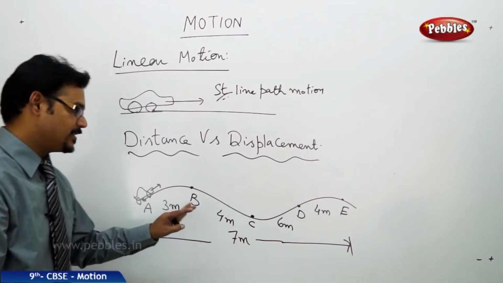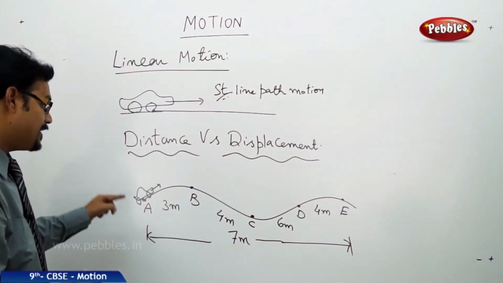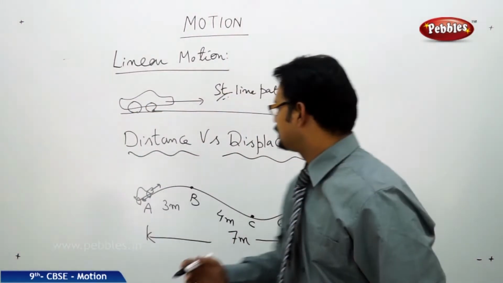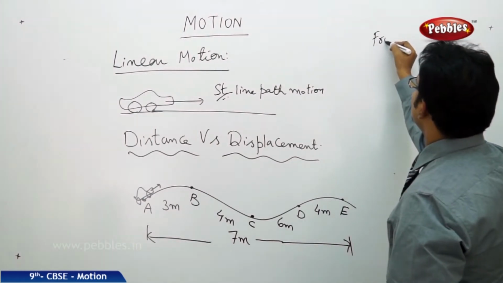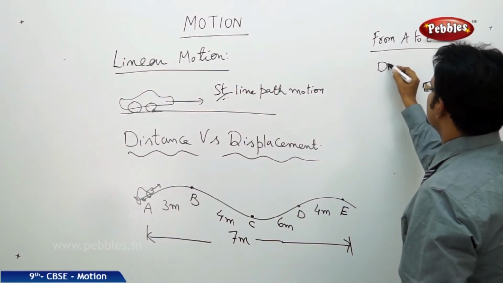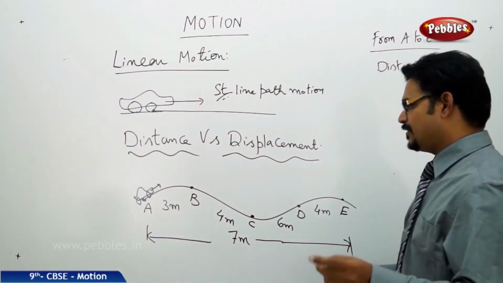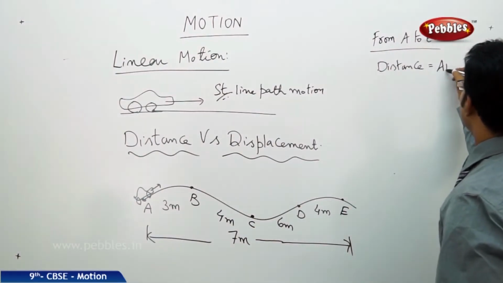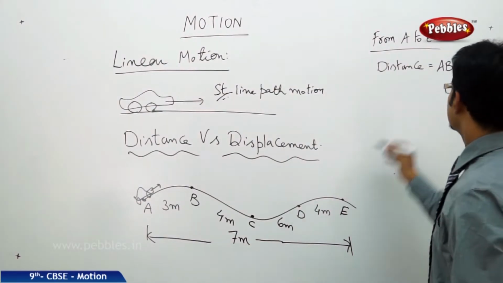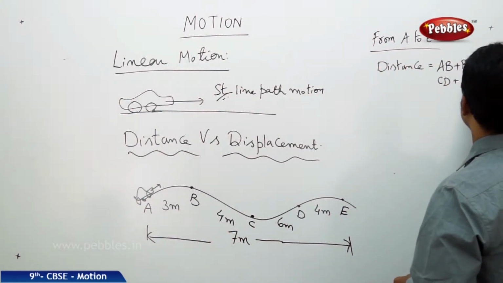You see the diagram carefully. Now my question is, what is the distance traveled by the car from A to E? Tell me. Yes, you are correct. It is nothing but AB plus BC plus CD plus DE.